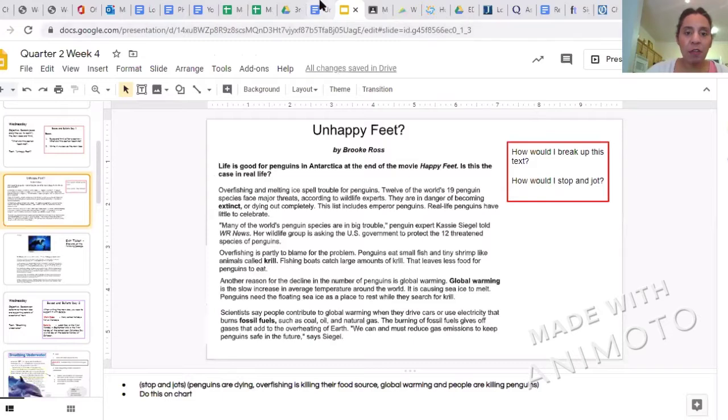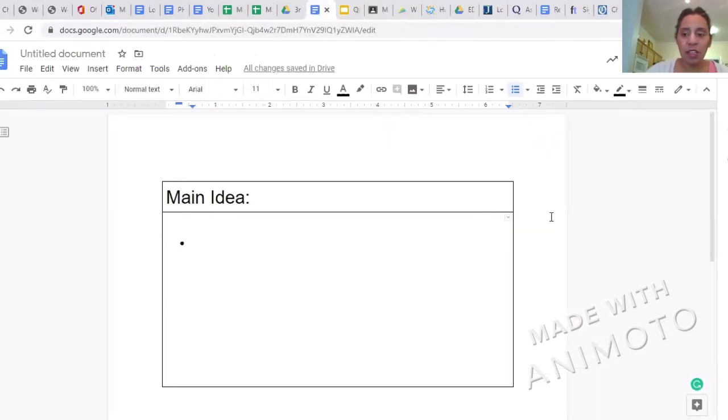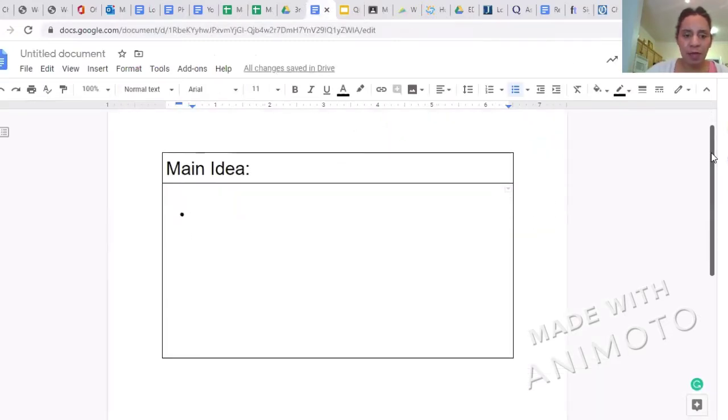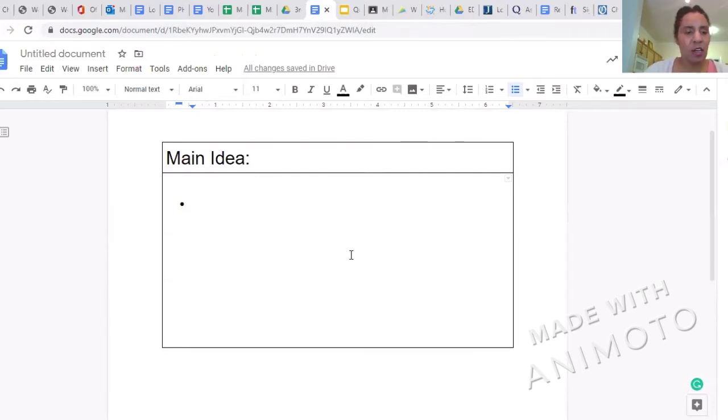I'm going to come out of this for just a second and flip over to this box right here. Miss Mays is on the Google Drive. So I'll share this box with you all as well. You'll have this in Google Classroom so that you have access to it and you can use it to help you with this strategy.